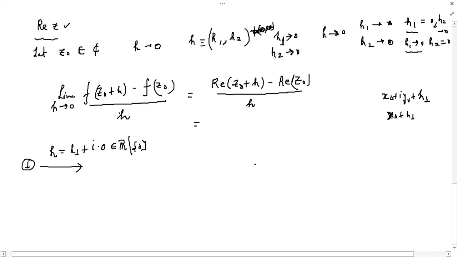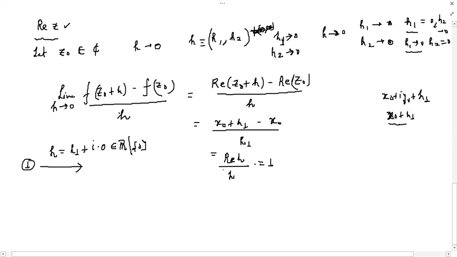So I get x naught plus H1 minus x naught divided by H, which is the real part of H divided by H. I have taken H to be H1 only, that is, I am along the x-axis and letting H tend to 0.